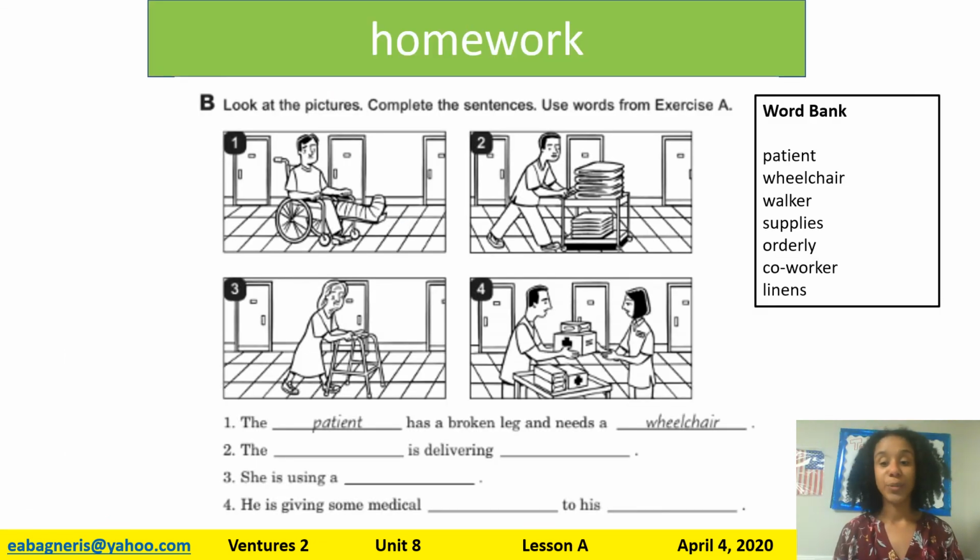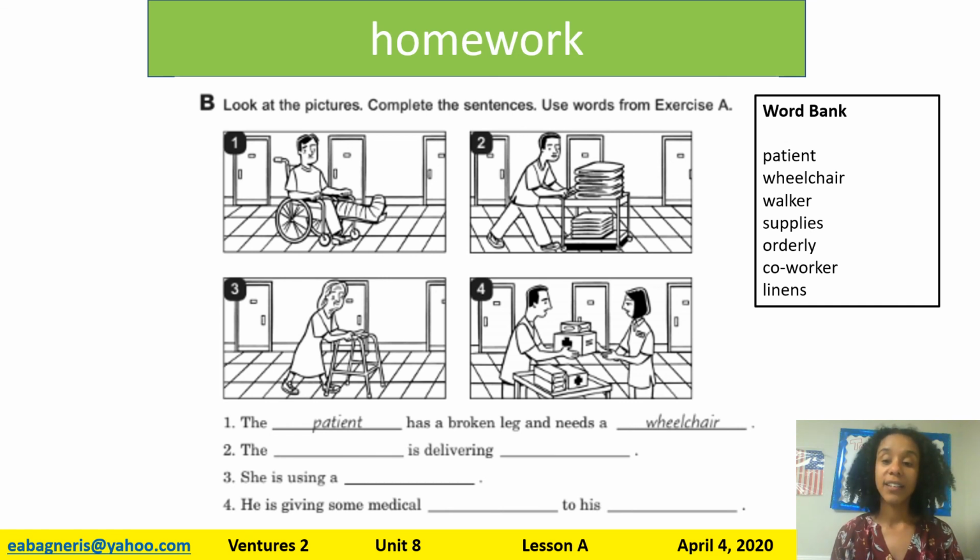Now it's your turn to practice at home. Here is your homework. It has 4 pictures. These are pictures of people in a hospital. You need to read the sentences below and use the word bank to fill in the missing words. Let's look at number 1. The patient has a broken leg and needs a wheelchair.